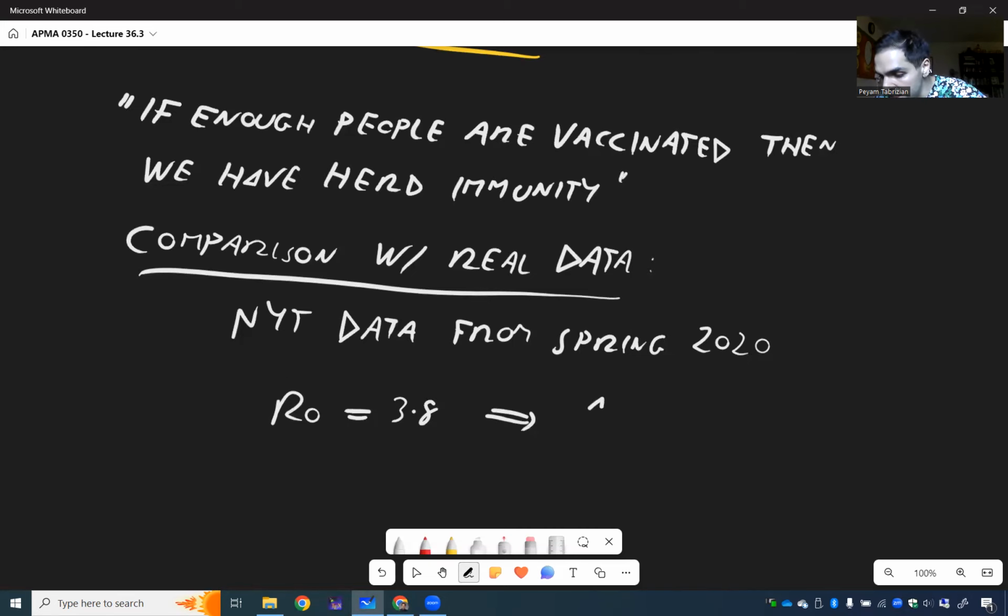So which tells you that 1 minus 1 over r naught is roughly 74%.